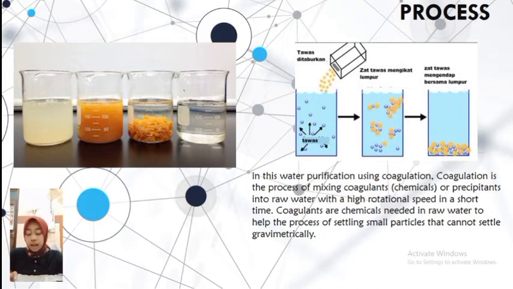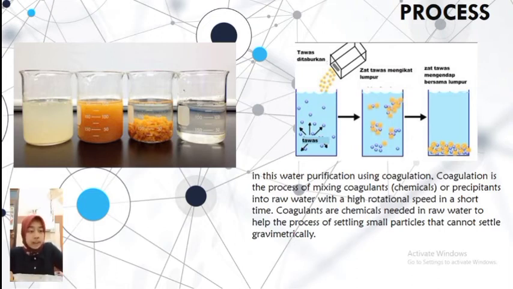Then coagulation is given. Alum as a coagulant in water and wastewater treatment is very effective in depositing suspended particles in the form of colloids and suspensions. With the help of stirring, the reaction settles more easily.